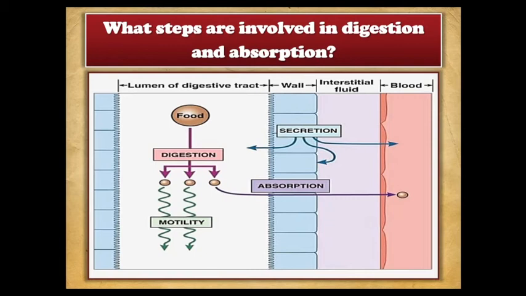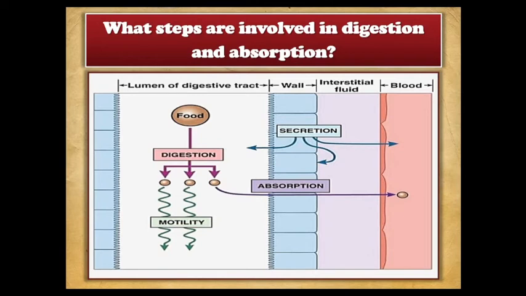Again, I will review the phases of digestion and absorption. First is the luminal phase, then the mucosal phase, then the post-absorptive or removal phase. If there is a defect in one of these phases, it will lead to a malabsorption process, and the malabsorption process will produce clinical features, making it a malabsorption syndrome.